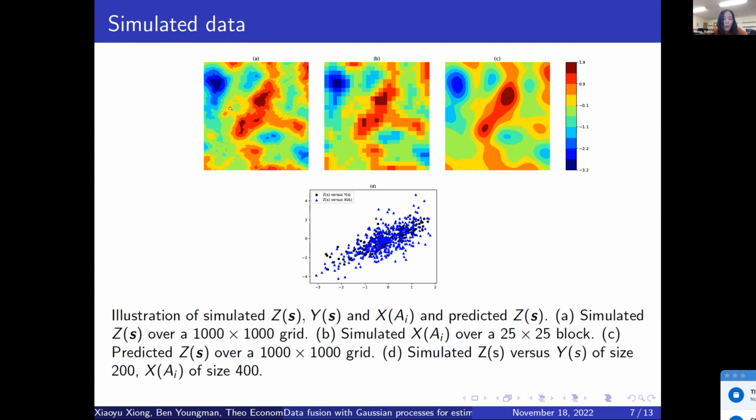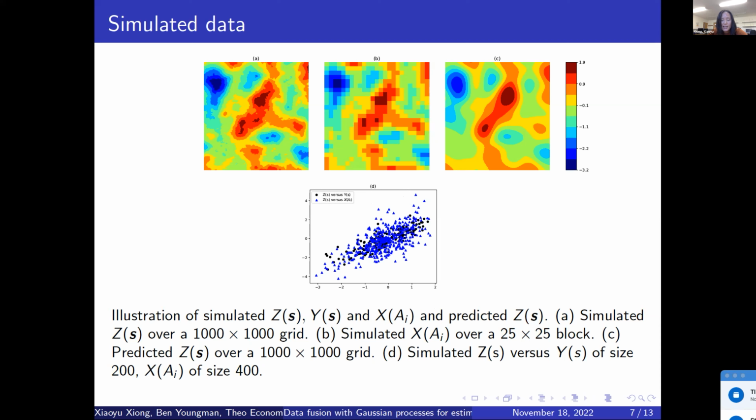In figure A, we simulate the true footprint Z(s) over a one by one grid. In figure B, we simulate the area model output X_{A_i} over a 25 by 25 block. Figure D shows the simulated data. The black dots indicate the truth Z(s) versus our observations Y(s), and the blue triangles show the truth Z(s) versus the area model output X_{A_i}.